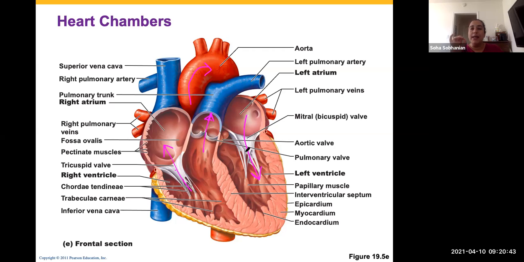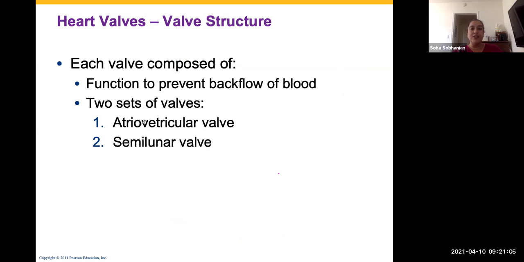Now, the location of these valves, if you look at them, the location of this valve and this valve is between the atria and the ventricle. So the name of this valve is going to be called atrioventricular valve.